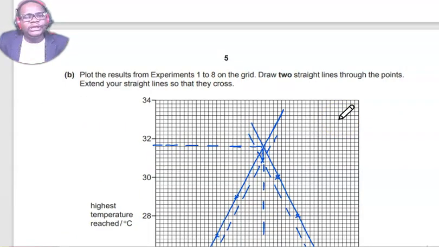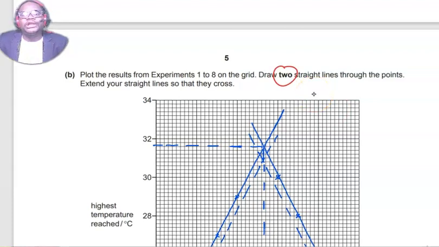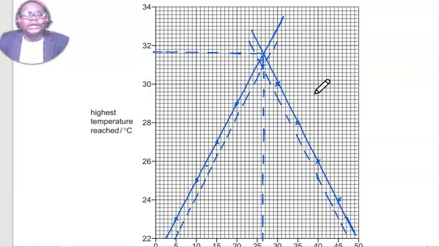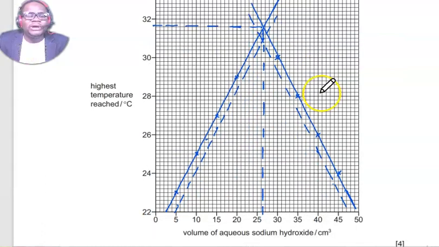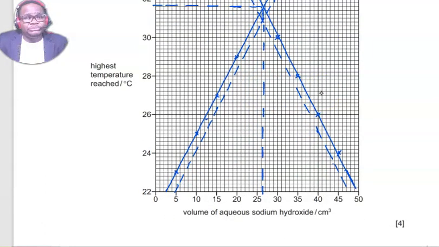Then the next thing is to plot the results of experiments 1 to 8 on the grid. Draw 2 straight lines. You need to be focused on these 2 straight lines through the plot. Extend your straight lines so that they cross. So you are plotting the highest temperature against the volume of sodium hydroxide.